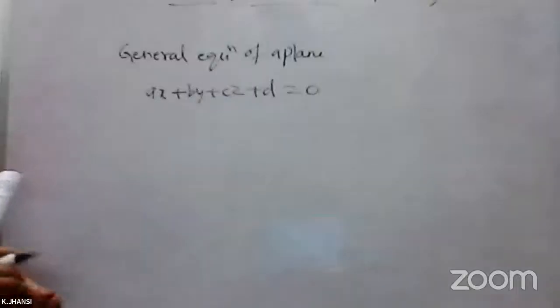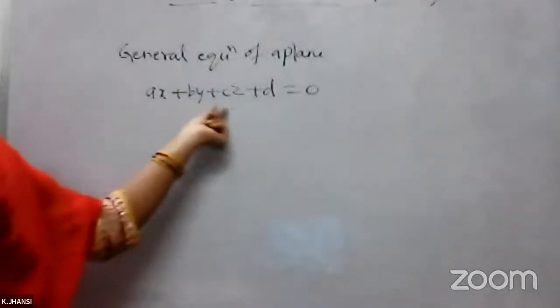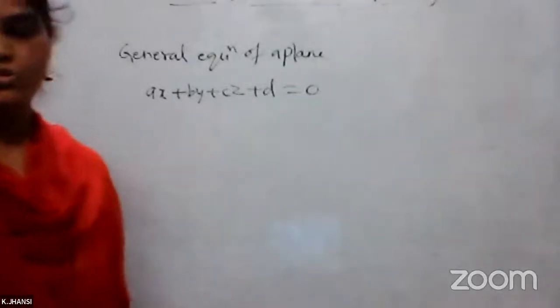This is called the general equation of a plane: ax plus by plus cz plus d equals 0.